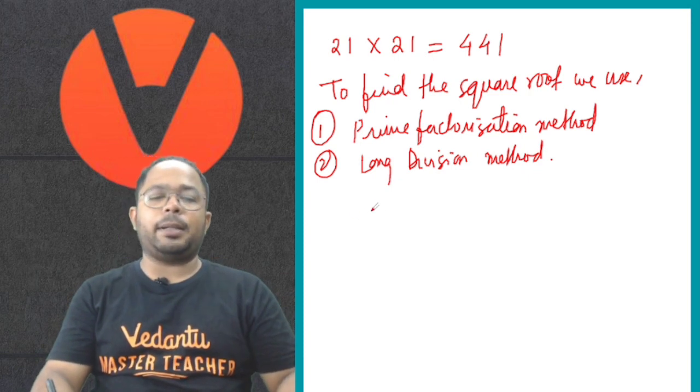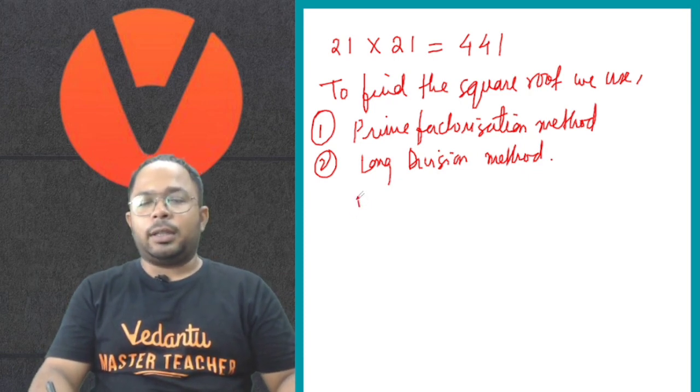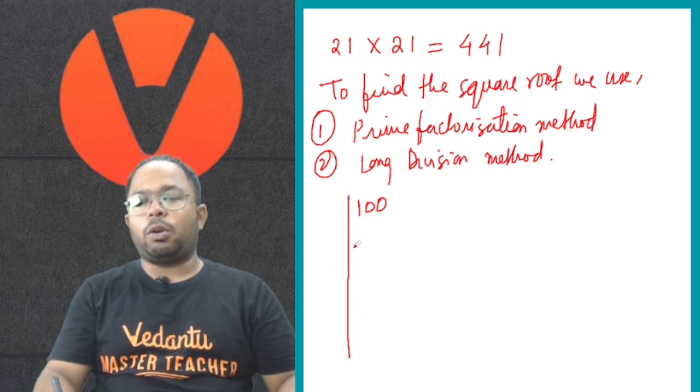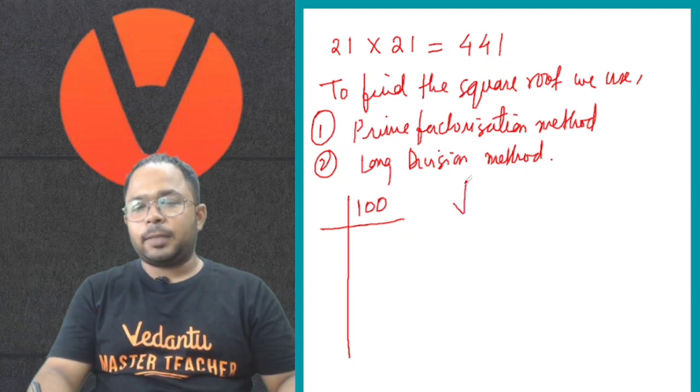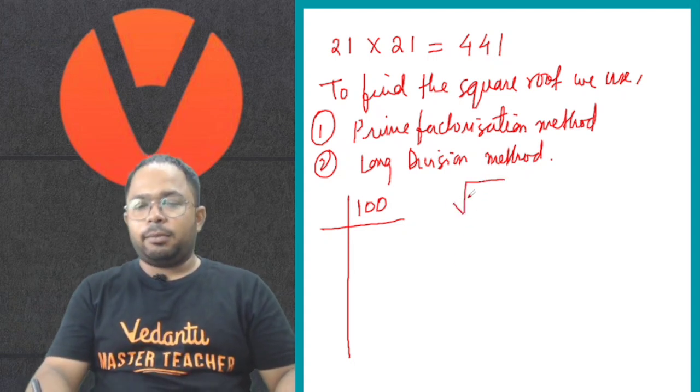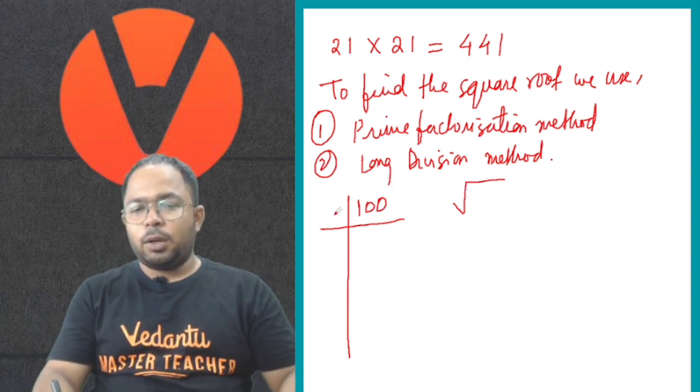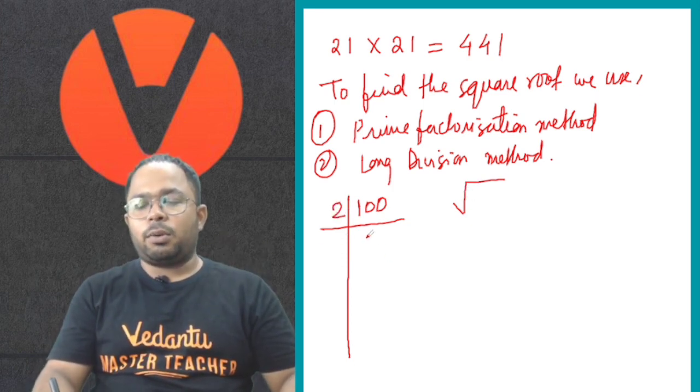Let's say for example we have 100. We need to find out the square root of it. For square root we use the radical symbol. So we will think of the prime numbers.